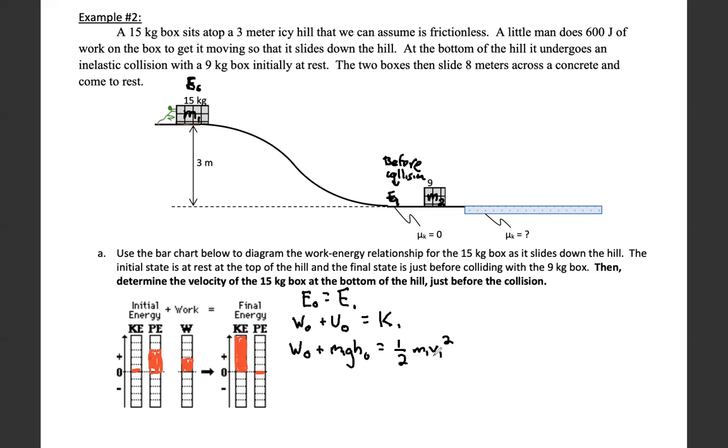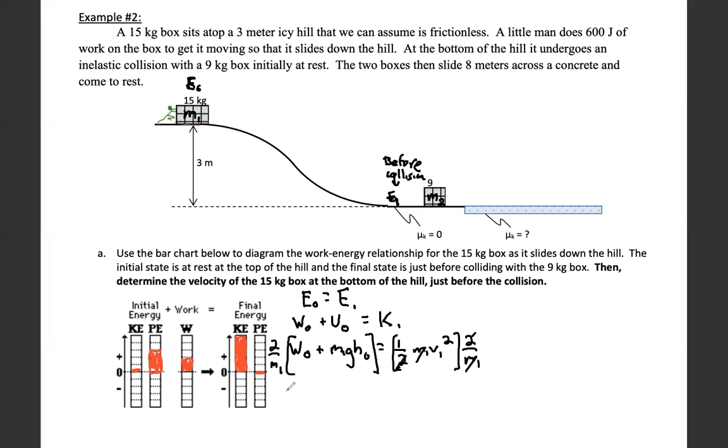So we can find this value v1. We isolate it by multiplying both sides by 2 over m1, and that gives us v1 squared on this side, and then we square root it.